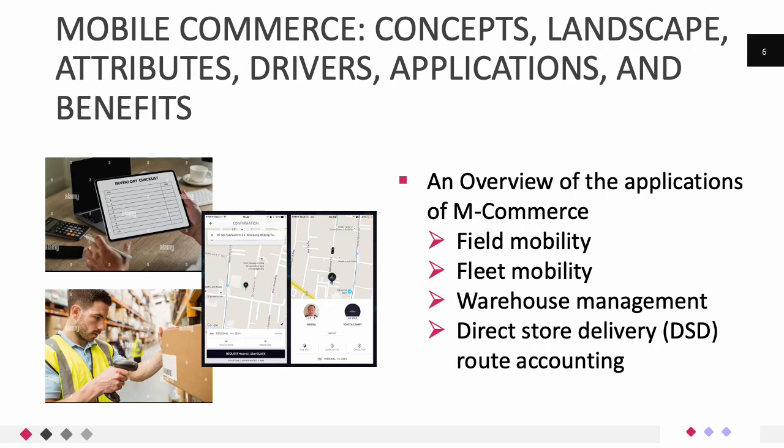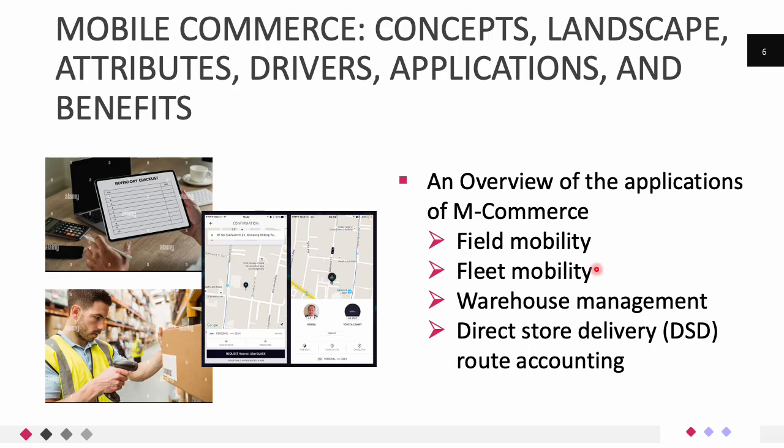Okay, so here are some cool examples. First one is field mobility. Imagine technicians fixing elevators or power lines. With mobile apps, they can check manuals, order parts, and update reports instantly from their phones. So no more paper forms.